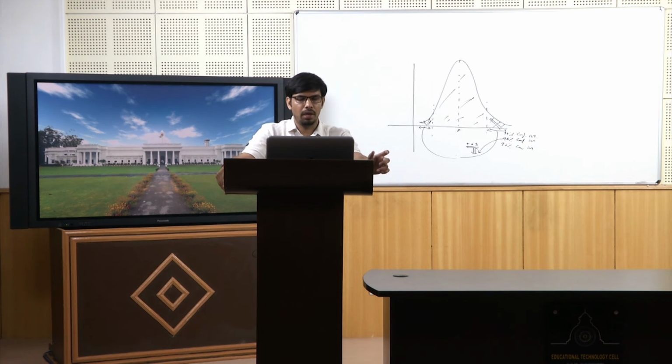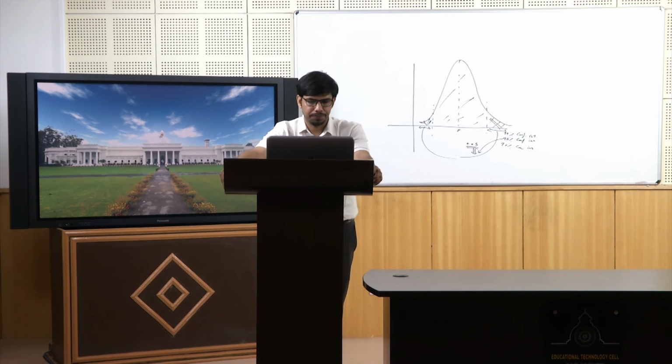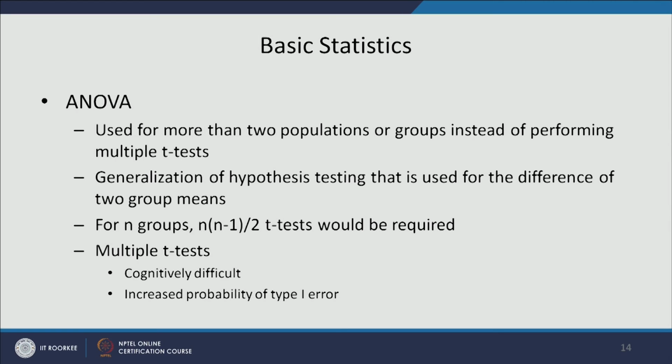For every pair you have to do an interpretation, and it will be influenced by some other t test, so it becomes very difficult to interpret the results and manage the probability of committing type 1 error. Therefore, Anova is preferred when more than two populations are involved.